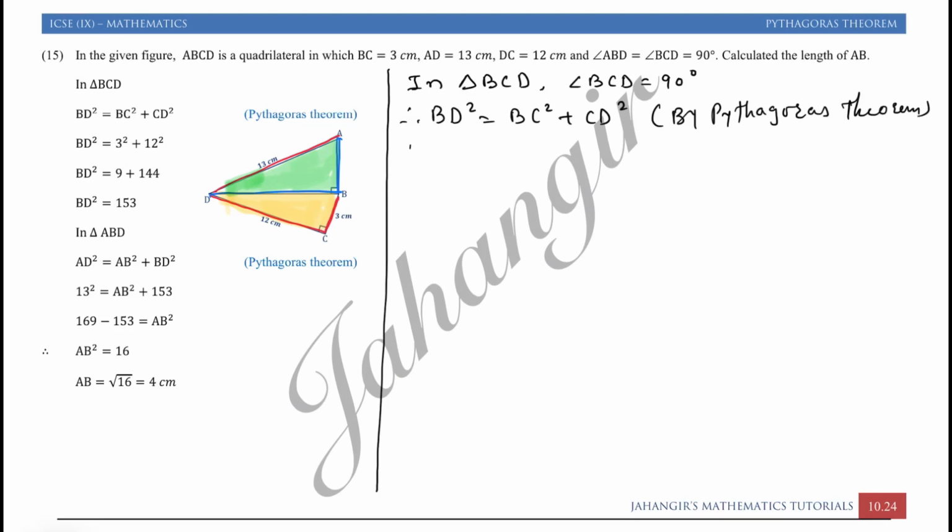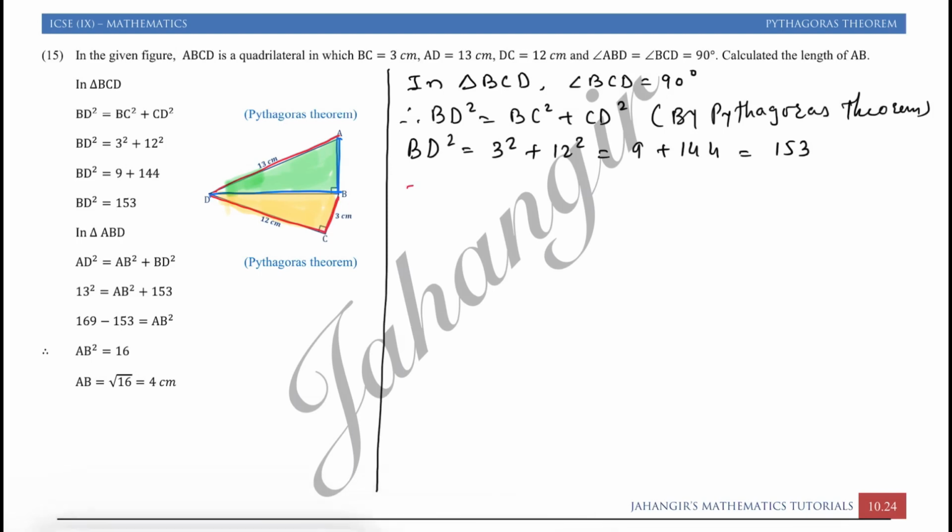Then BD I have to find. BD square is equal to 3 square plus 12 square, that can be written as 9 plus 144, which is equal to 153. Keep as it is, do not take the square root, because we cannot take the square root of 153.